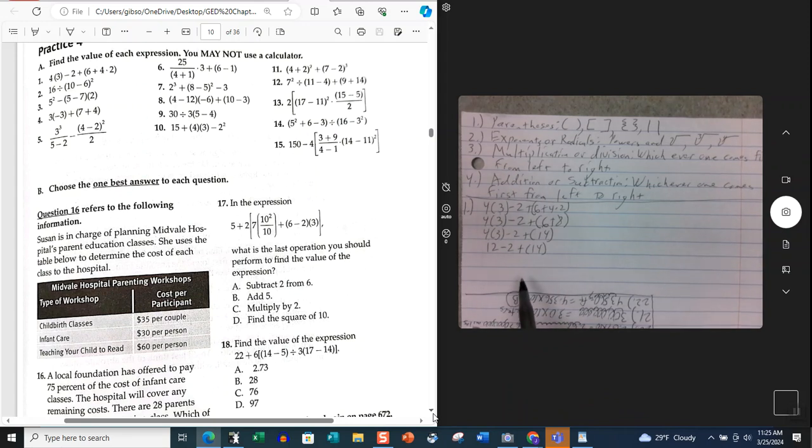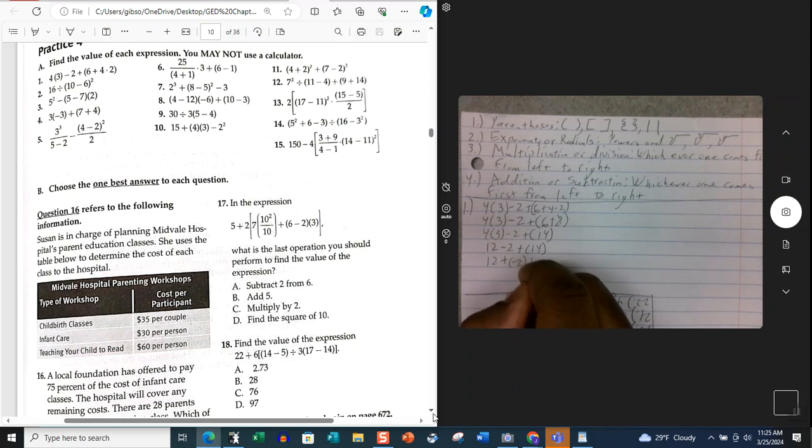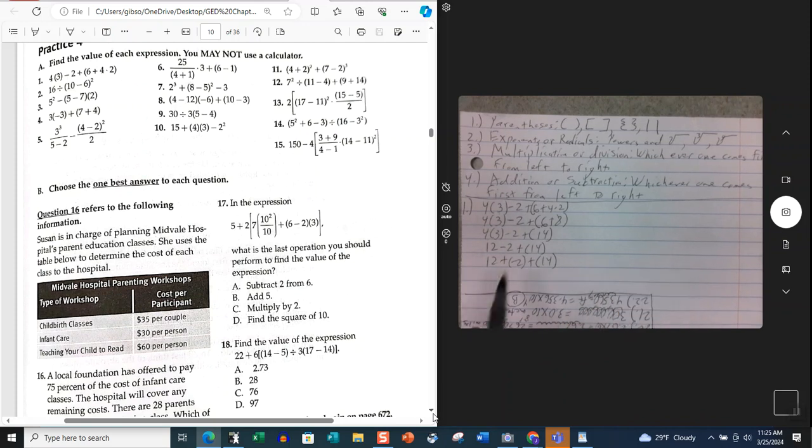Remember, in the previous lesson, I think that was lesson 1, we would change subtraction to addition. So we can make this 12 plus a negative 2 plus 14. Now we could just add straight across. 12 plus negative 2 is 10, plus 14 is 24. So your final answer here is just 24.